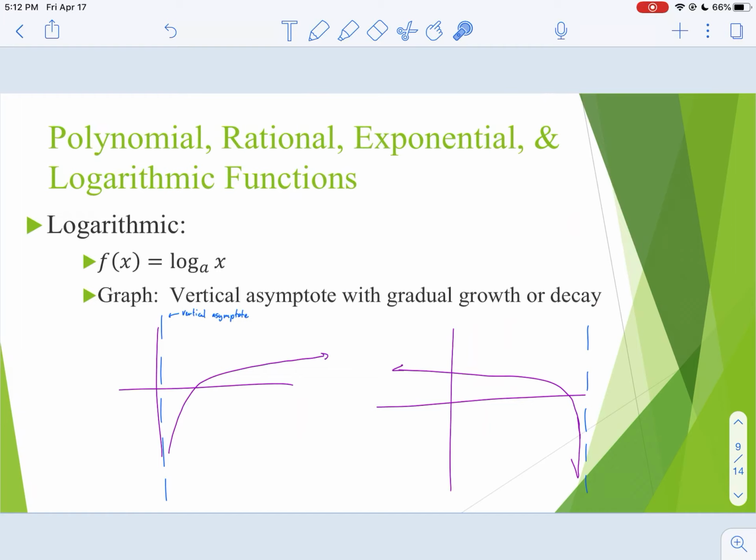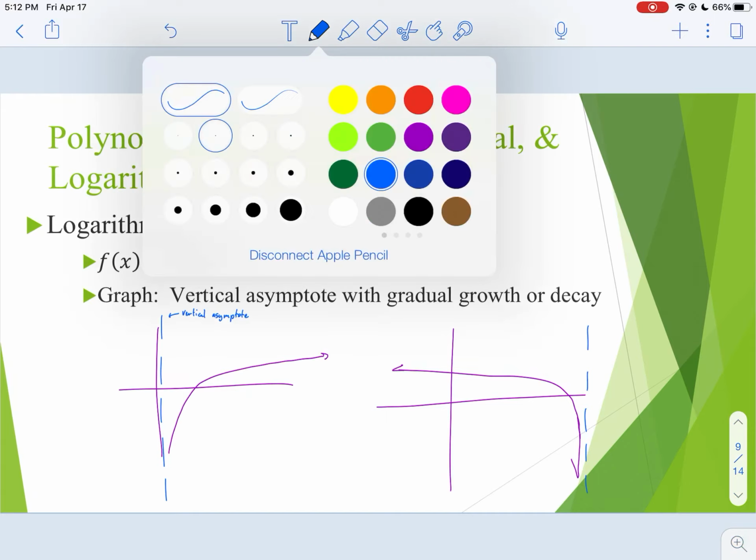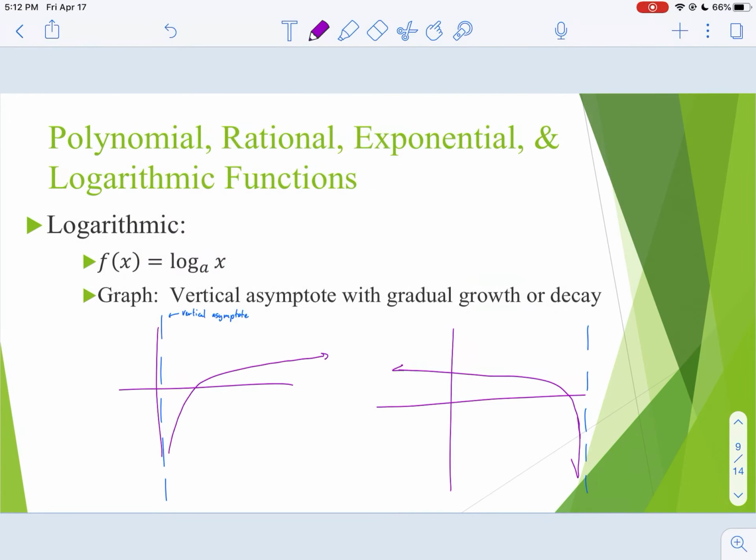Logarithmic functions are another function I want you to be able to recognize from the equation. These are fairly easy from the equation because they have typically the word log in them. So you might have like y equals log base 3 of x, or there might be a natural log of x. This is a logarithm as well.